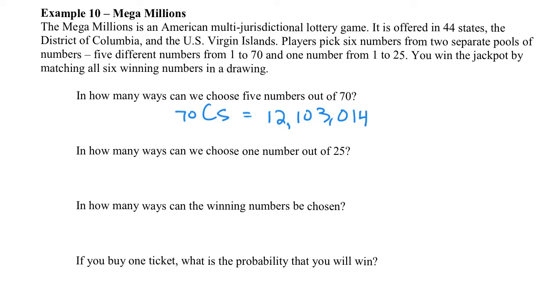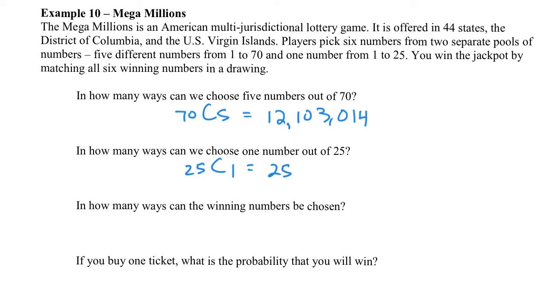And then how many ways can we choose 1 number out of 25? Well, that one you can just say it's just 25. But if you wanted to verify, you could say 25 choose 1, and you'll still get 25. So the multiplication principle comes up here when they ask how many ways can the winning numbers be chosen, because you have to pick this and this.